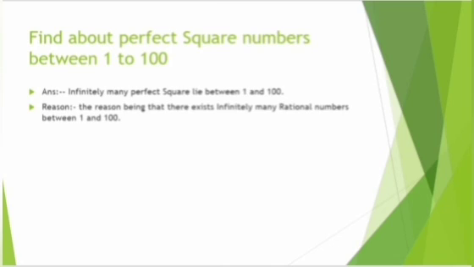The reason being that there exist infinitely many rational numbers between 1 to 100. This being the reason, you have infinitely many perfect squares between 1 to 100, but you have a limited number of square numbers between 1 to 100.